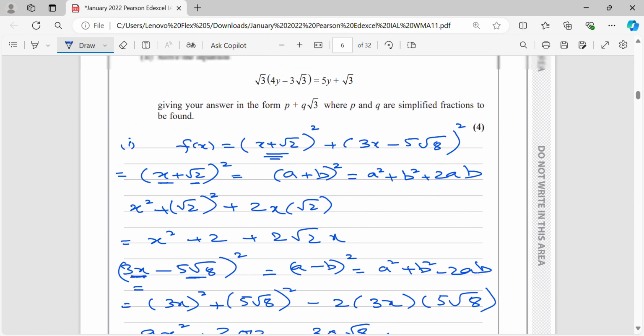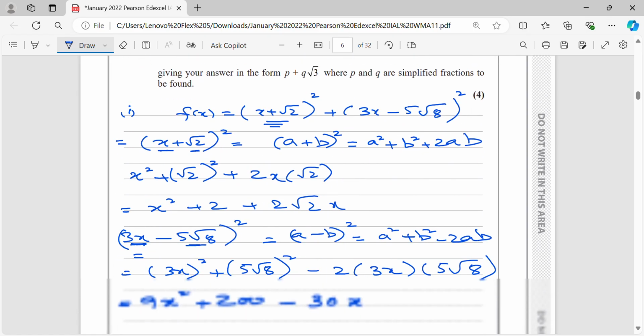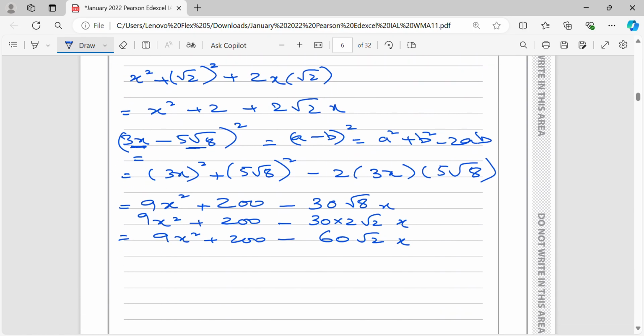So we need to add both the terms. This is my first term. This is my second term. Let's add them together. X squared plus 9x squared, I'll get here 10x squared. 200 plus 2 is 202.